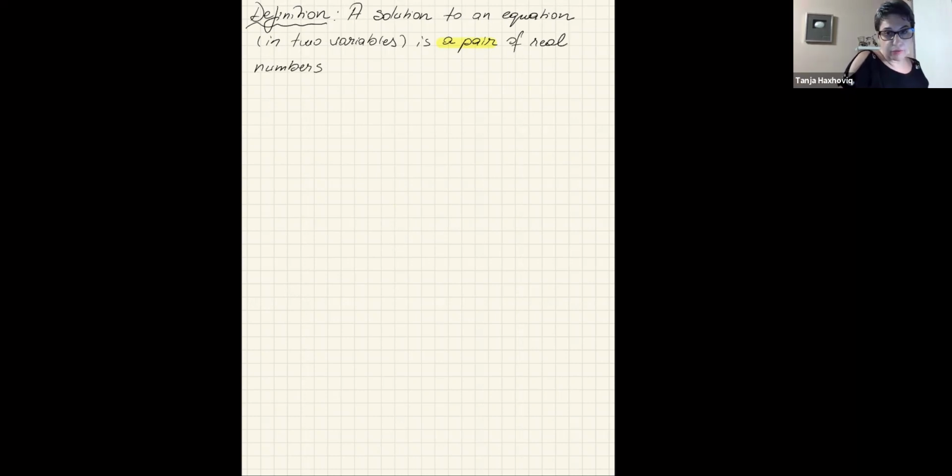Let me write this down. A solution to an equation in two variables is a particular pair of real numbers such that when you plug these real numbers into the equation, you get a true statement.